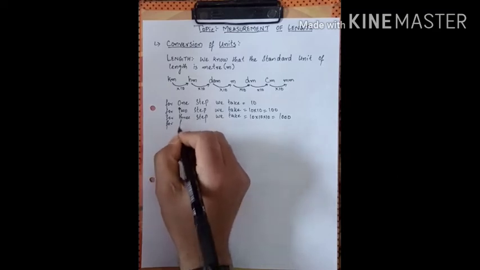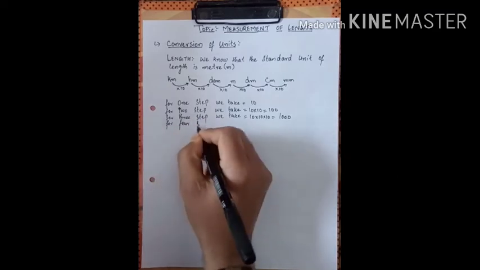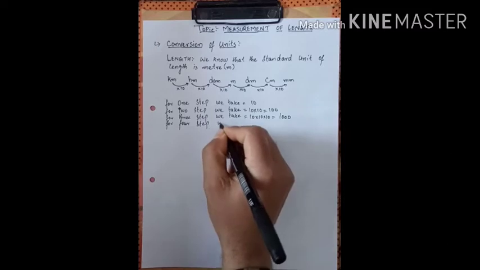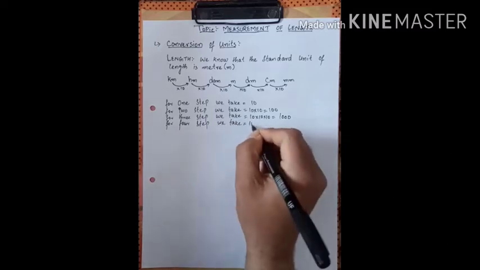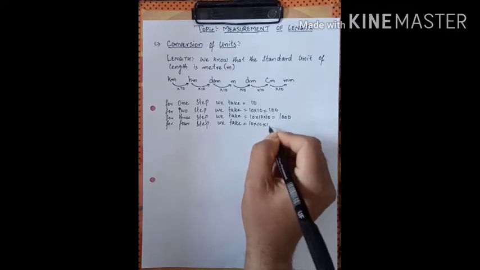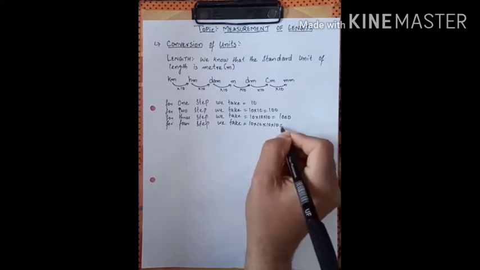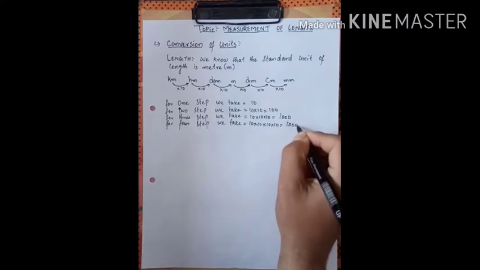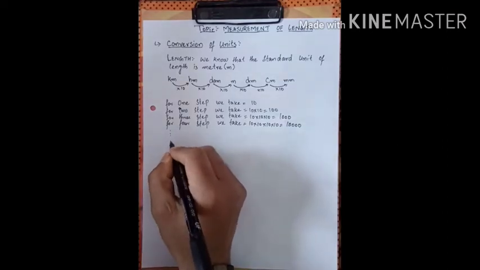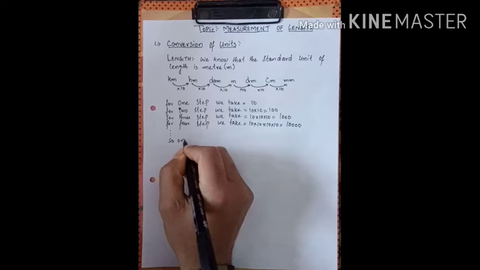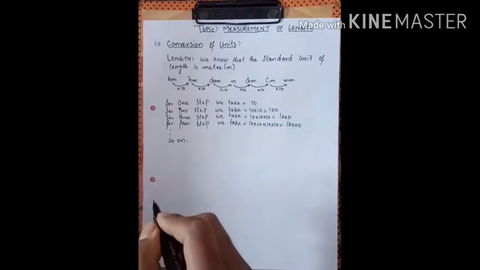For the fourth step we take 10 into 10 into 10 into 10, which is equal to 10,000, and so on.